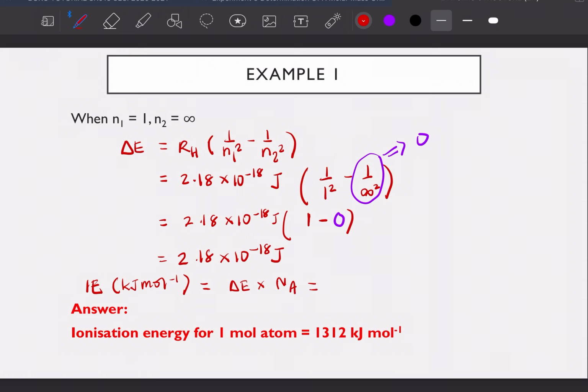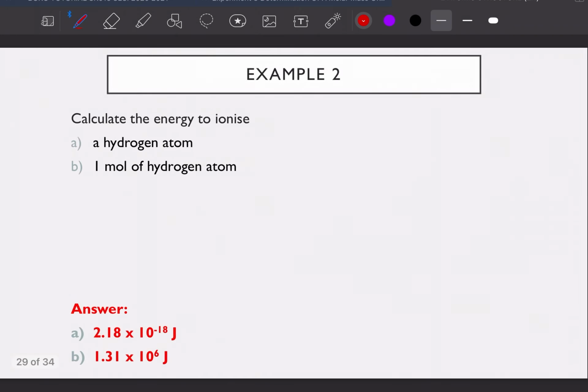So after that, you will get your answer, which is 1312 kilojoule per mole. So that is the ionization energy for 1 mole of atom. Okay. Awak kali dengan Avogadro constant tu sebab kita nak 1 mole lah. Alright. So IE memang di kilojoule per mole.